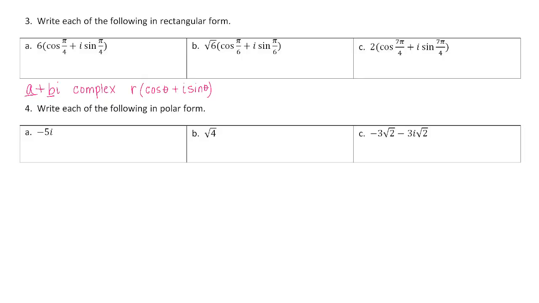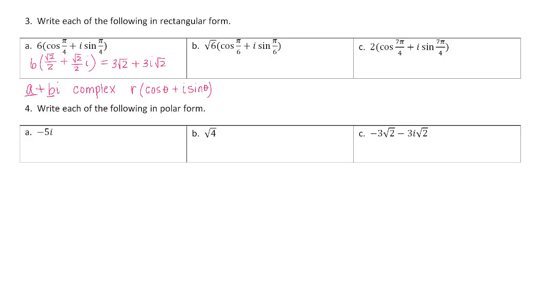To do that, we need to evaluate cosine and sine of pi over 4. So we're going to have 6 times root 2 over 2, plus root 2 over 2 i. And then we can do our distributive property, and the 6 and 2 will cancel. So I have 3 root 2 plus 3i root 2.